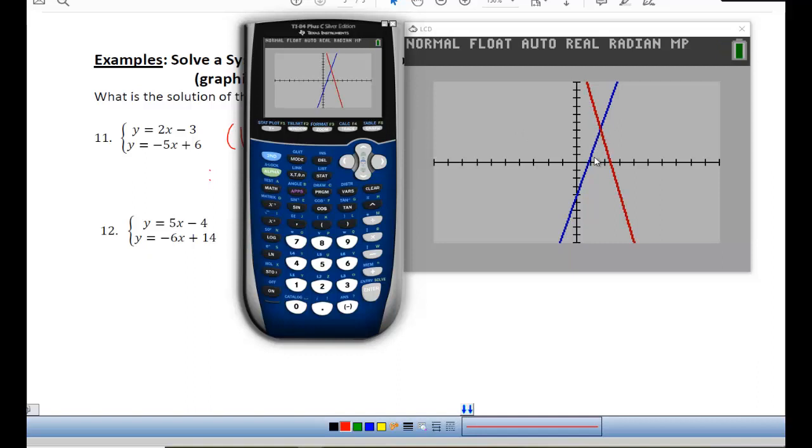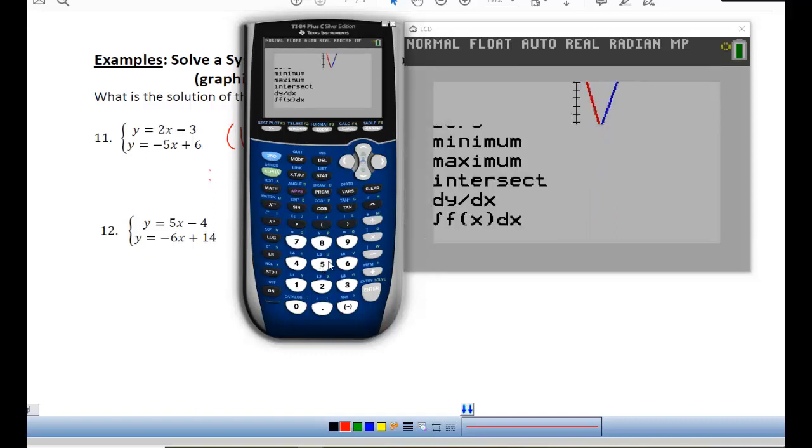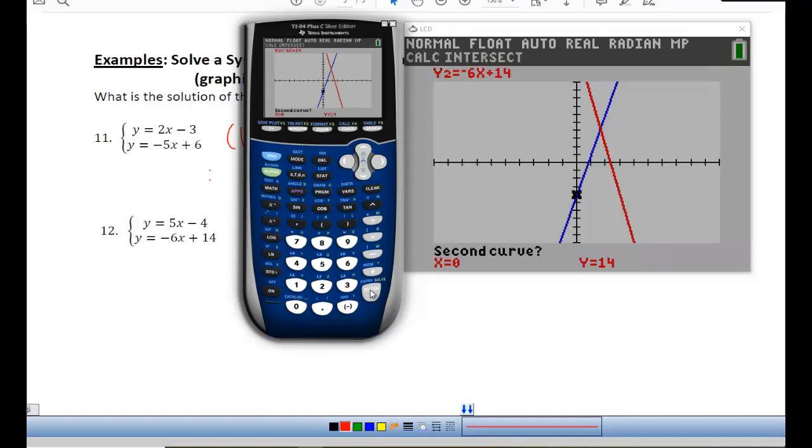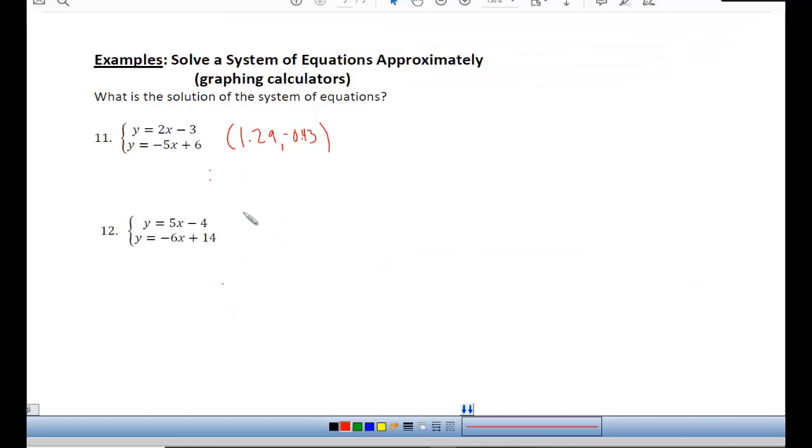I see it's somewhere between 1 and 2. Looks like it's up at 1, 2, 3, 4, just about 4. So again, second, calc right here. Number 5, we want to find the intersection, and I can just hit enter, enter, enter. And there we go. 1.6 and 4.2.